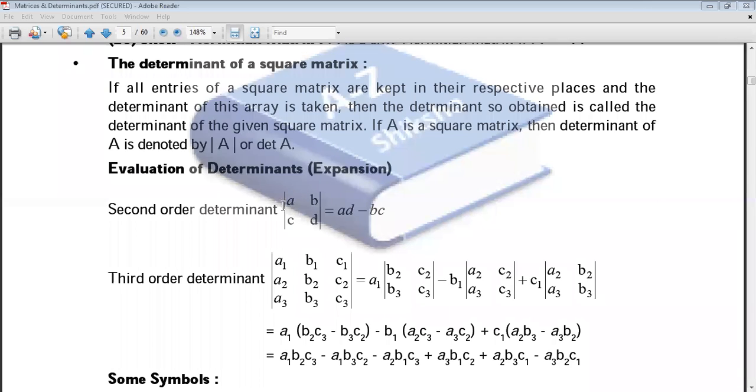So we can simply speak of it as a second order determinant. Here, the order of the determinant is second order, 2 rows and 2 columns. Always remember, a determinant contains equal numbers of rows and columns.